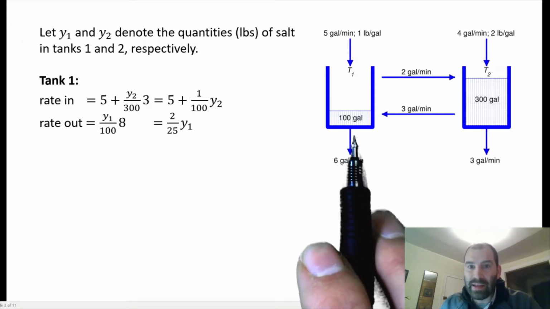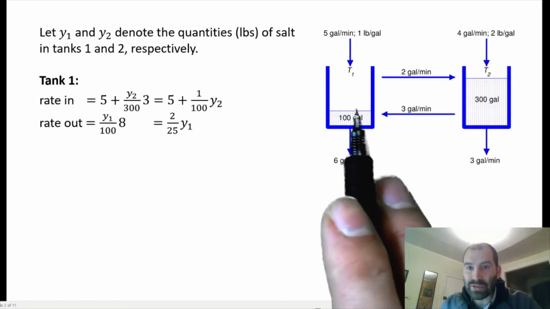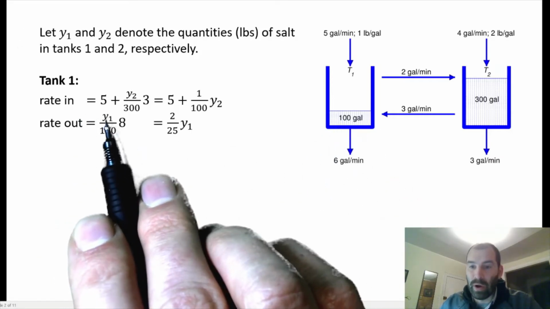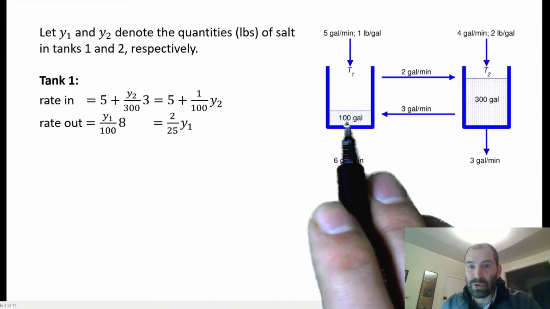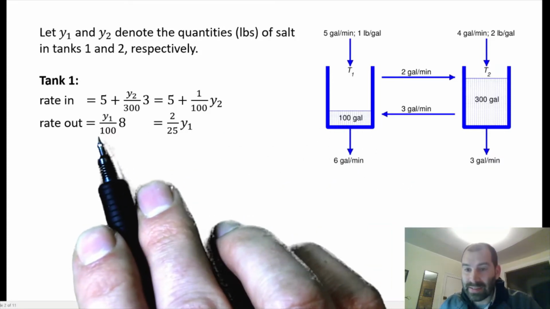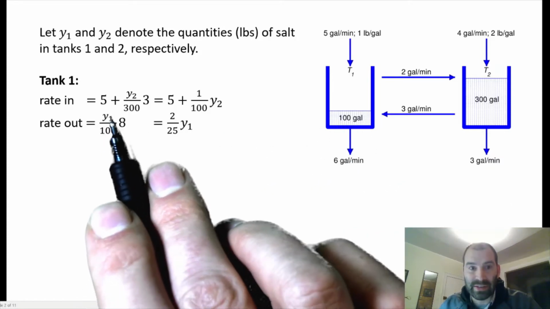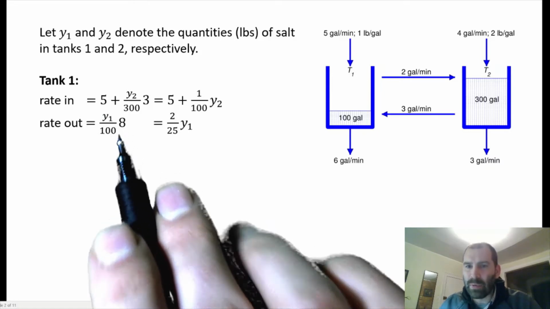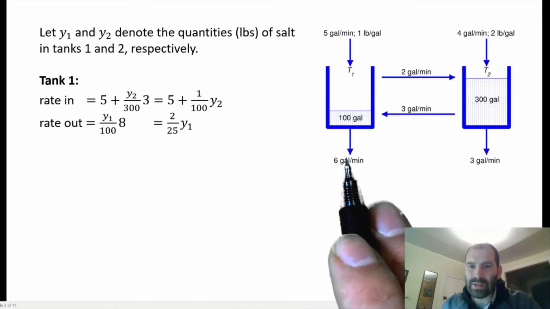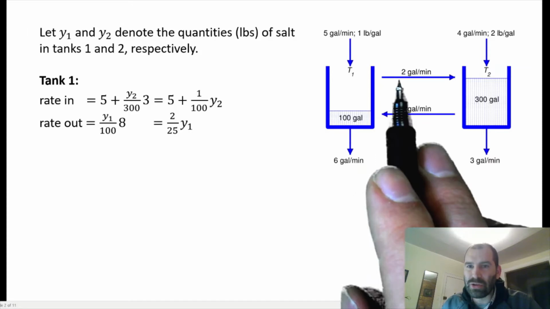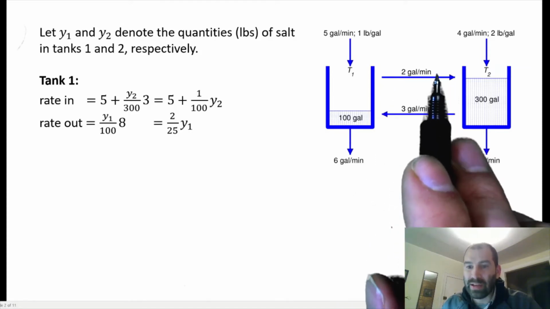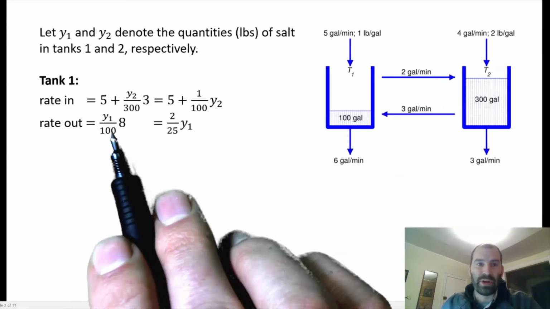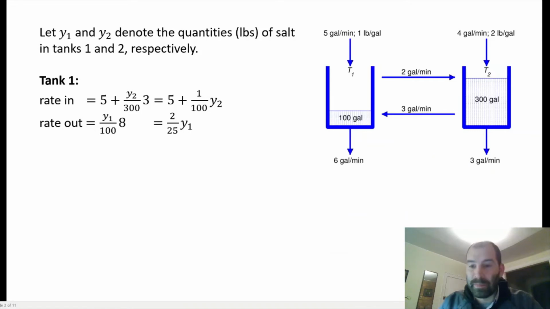So we're going to take the concentration, which is the amount of salt in tank 1, we denote that by y1, divide by the amount of fluid in tank 1, which again is a constant, always equal to 100. That's the concentration. And I'm multiplying by 8. Where did I get 8? Well, you see 6 gallons per minute going this way, but then an additional 2 gallons per minute going this way. In total, that's 8. So here we have the rate out of tank 1.